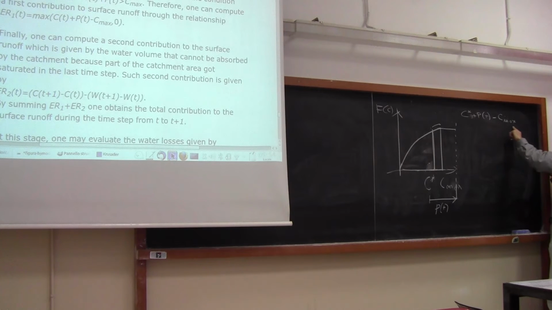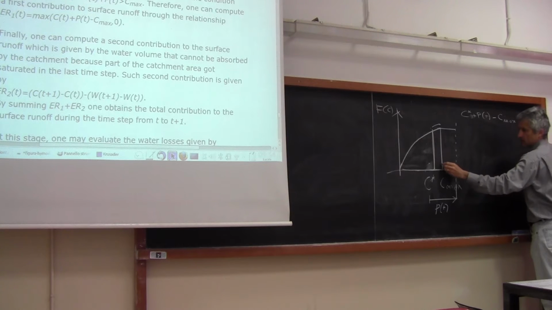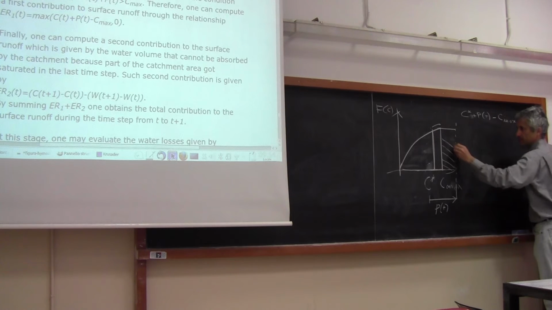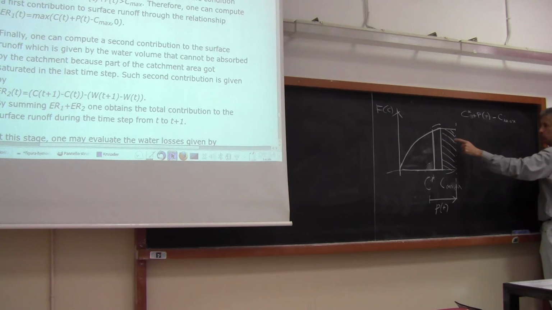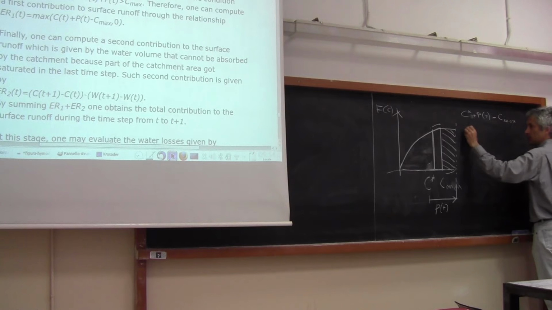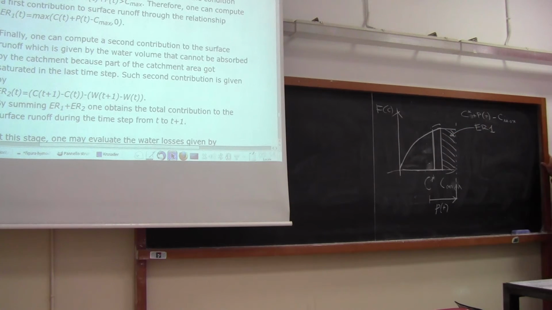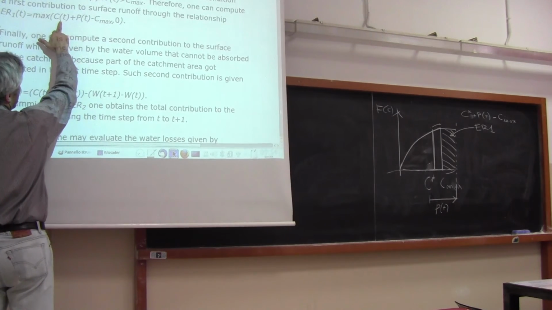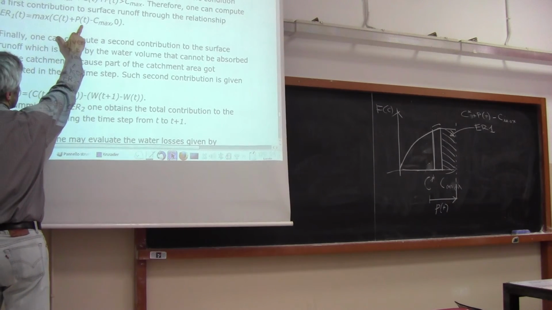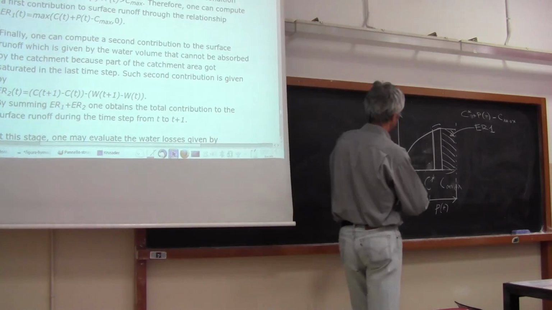The result of this sum and difference is this area. And this is computed through the contribution ER1. You see? CT, let's say that this is C star plus PT minus Cmax. And this is this area, because this is ER1.